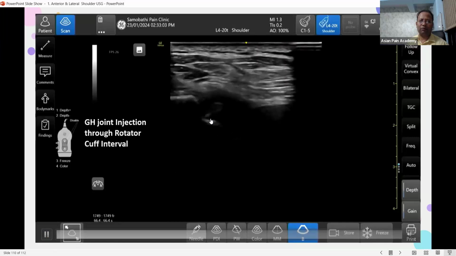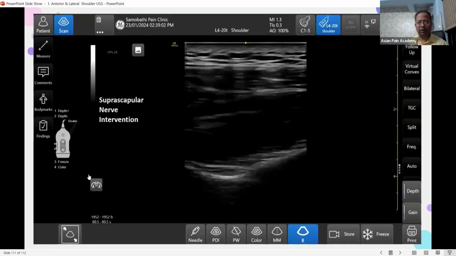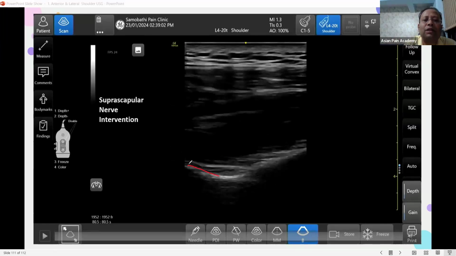So this tendon is also hypoechoic, but during intervention you cannot keep the probe here. Suprascapular nerve intervention. So one can see which structure is what. First, let us see which structure here. This part is scapula. Here is the transverse scapular ligament, and this is the suprascapular fossa.